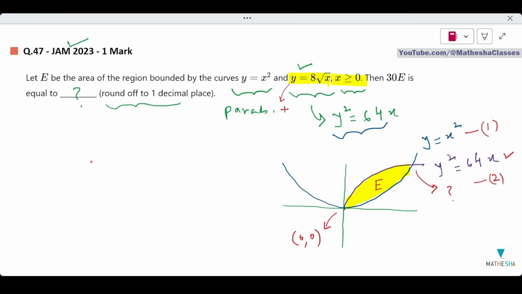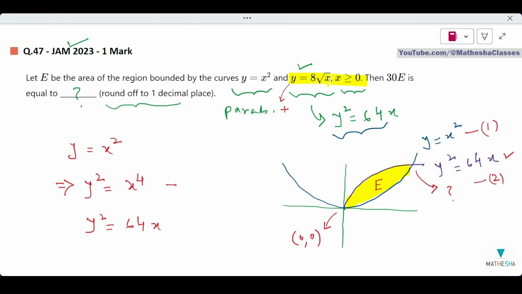So when we are equating 1 and 2, we have from 1 y equal to x square, and therefore y square equal to x to the 4. From 2 we are getting y square equal to 64x.